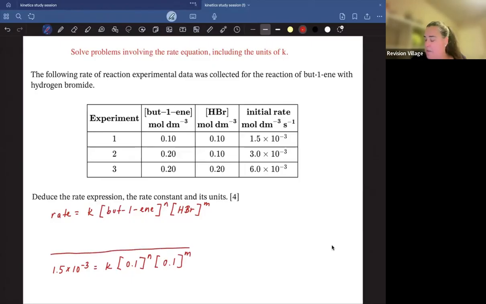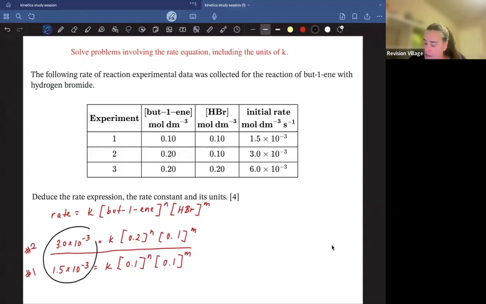And I could do the same thing for experiment 2. I could say 3.0 times 10 to the minus 3 is equal to K times the concentration of but1ene times the concentration of HBr, both raised to those powers, just like before. And what I notice is that this simplifies a whole lot. First, I notice that this is just 2.